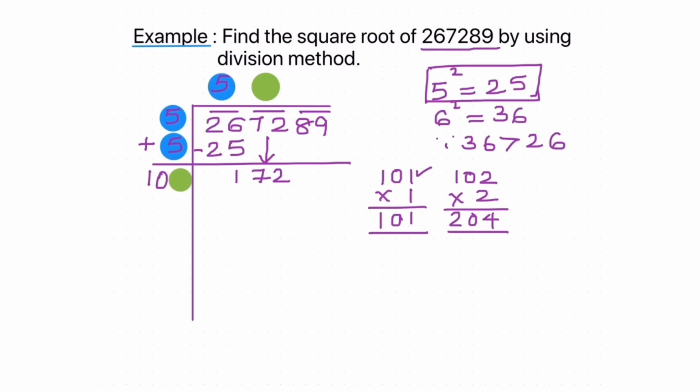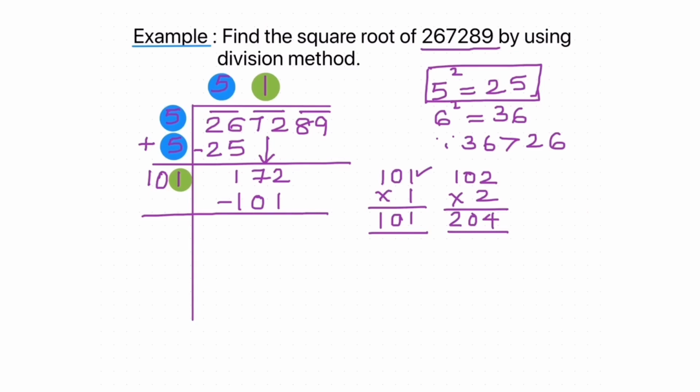So let's write 1 on the right of 10. Therefore, our new divisor will be 101, and we will even write the same digit 1 in the quotient place also. So, 101 times 1, which is 101, we will write below the dividend and subtract.